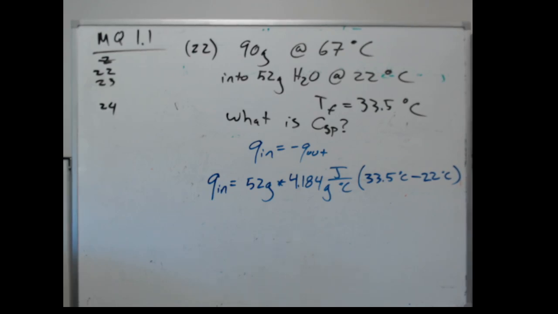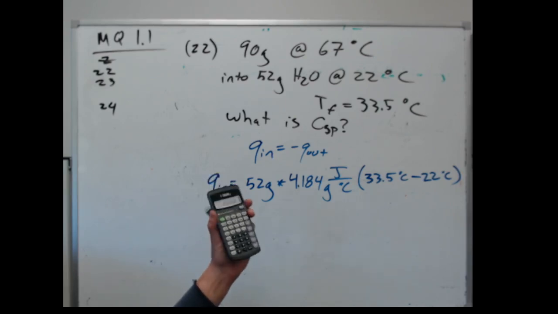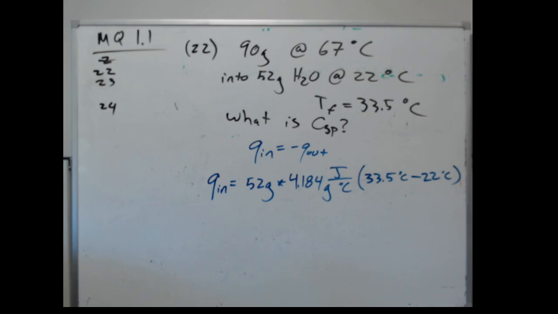Plug that into a calculator. 52 times 4.184. What is that? 11.5 times 11.5. Can I tell you all, sometimes I literally have two calculators next to each other so I don't have to use the parentheses button, because I'm just that lazy with using parentheses buttons.